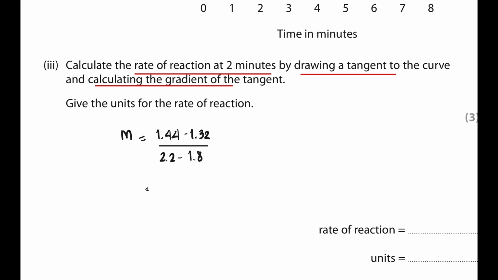So 1.44 minus 1.32 is 0.12, divided by 2.2 minus 1.8, which is 0.4. So 0.12 divided by 0.4 is 0.3. That's it.